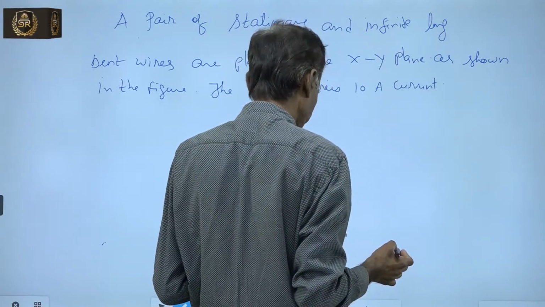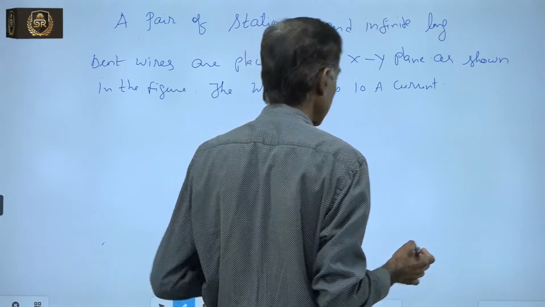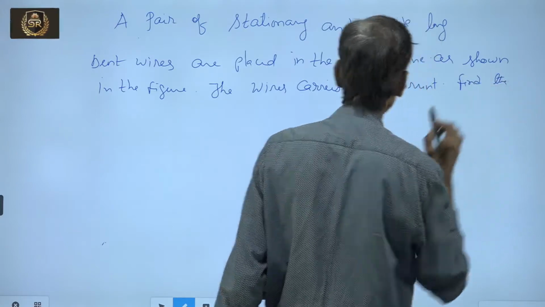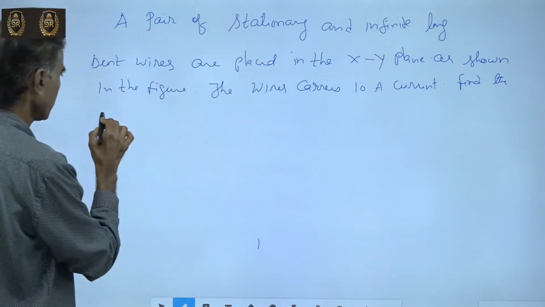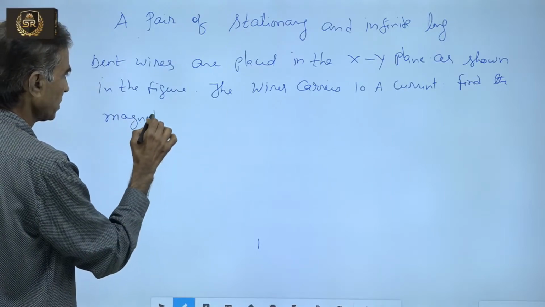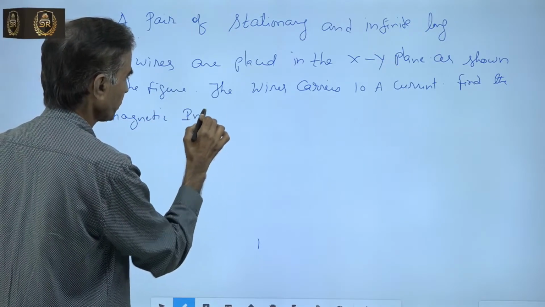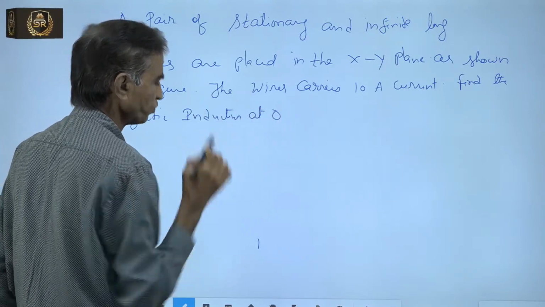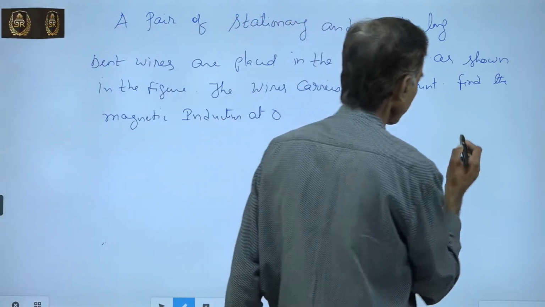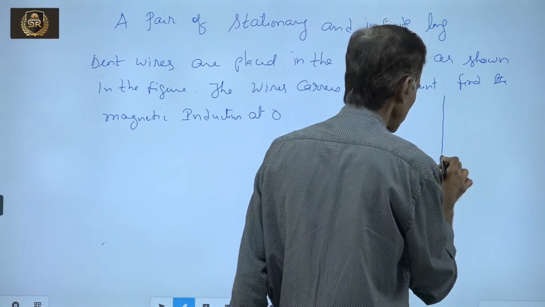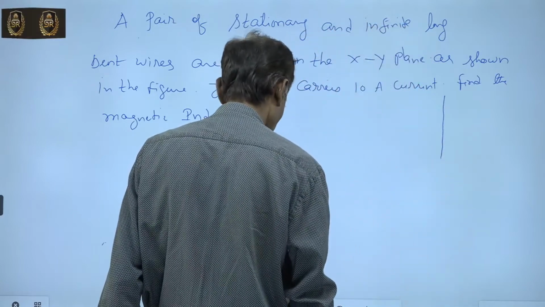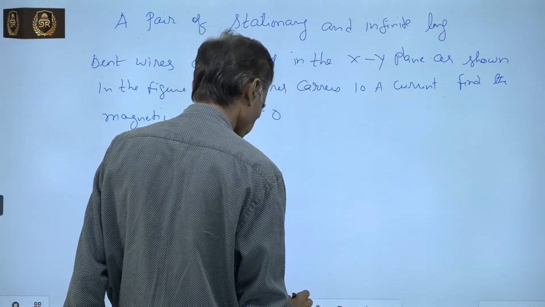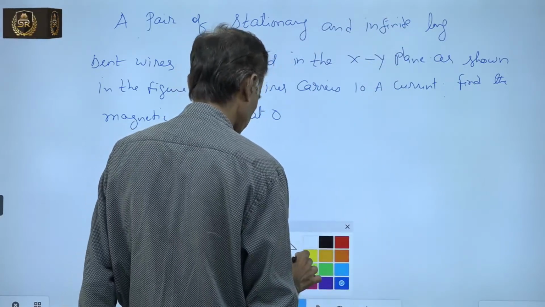You want to find the magnetic induction at the origin O. See what is given here. So two wires are given.